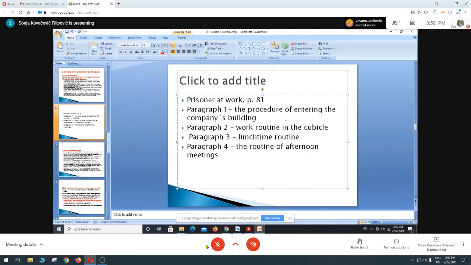Dakle, u jednom uvodu prvo imate hook u jednoj ili dve rečenice, onda imate nekoliko rečenica, to se zove connecting information, a radit ćemo kasnije konkretnije, koje znači povezuju tu prvu rečenicu mamac za privlačenje pažnje sa glavnom idejom paragrafa koji je thesis statement. Znači ide prvo hook, pa ide connecting information, pa ide thesis statement kao što je u ovom ovdje uvodu urađeno.